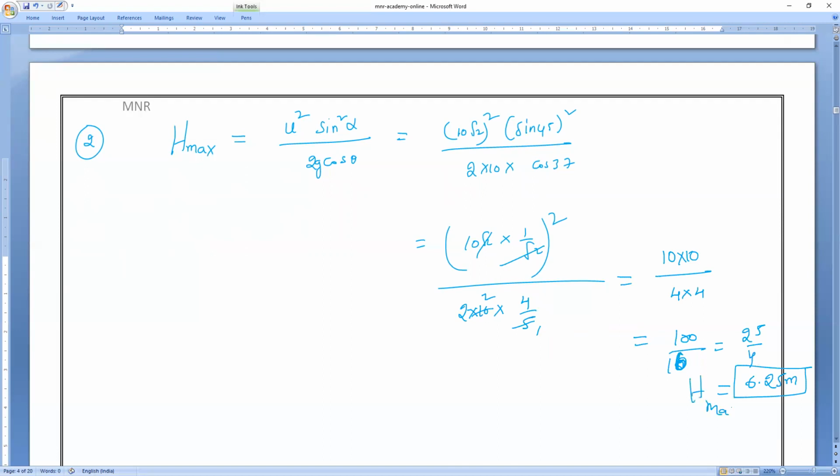So what is the maximum height? 6.25 meters. Finish it fast.